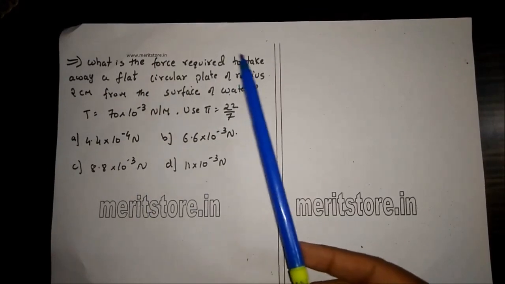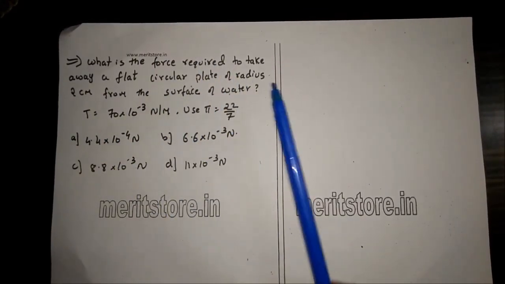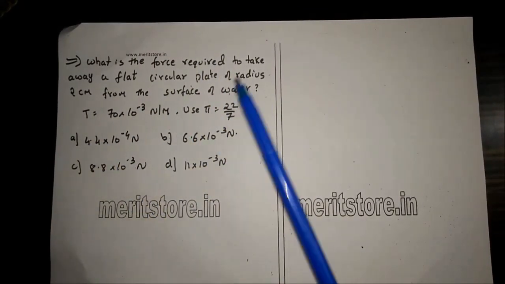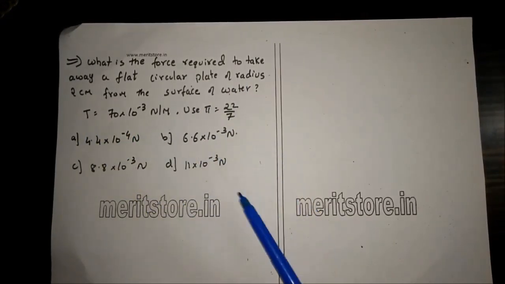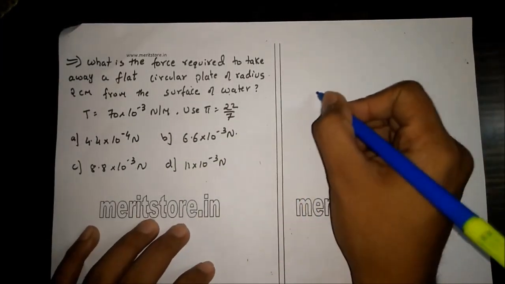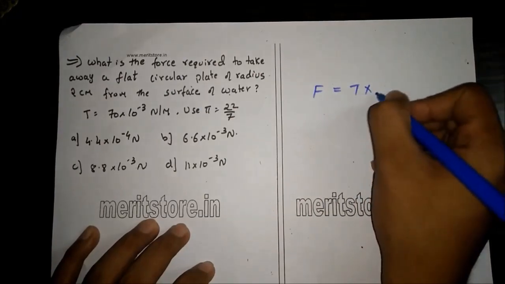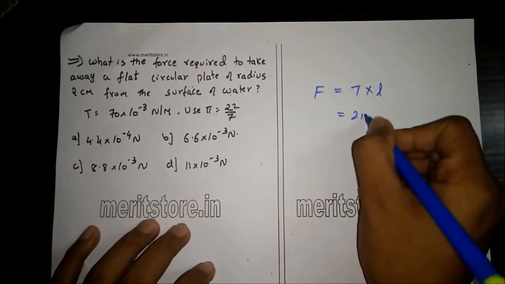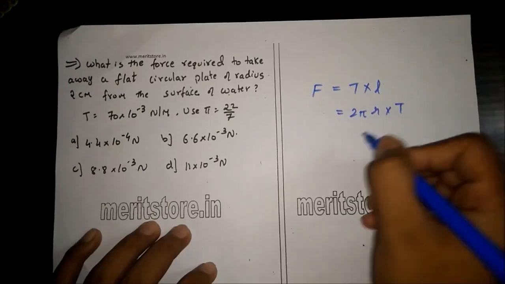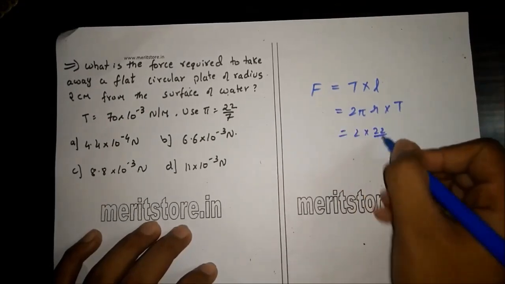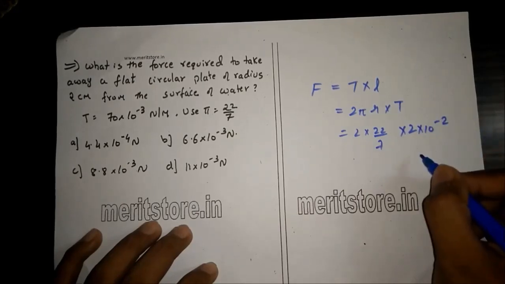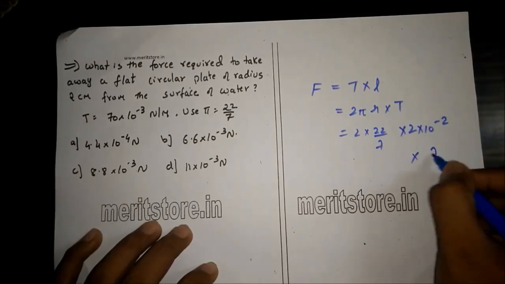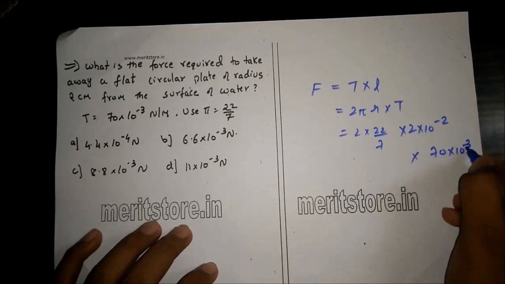What is the force required to take away a flat circular plate of radius 2 cm from the surface of water? Here T is given as 70 into 10 raised to minus 3 Newton per meter, and we can use the value of pi as 22 by 7. Now we know that the force required is given by T into L, which will be equal to 2 pi R into T. Therefore, 2 into 22 upon 7 into 2 into 10 raised to minus 2 meters into tension, which is given as 70 into 10 raised to minus 3.